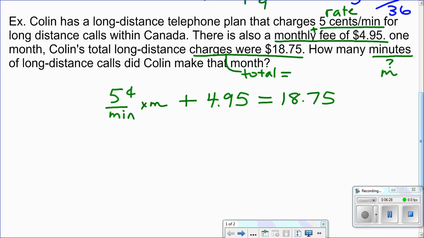So instead of leaving 5 cents as 5 cents, we're going to change 5 cents into a dollar amount. So we're going to go $0.05 times M plus $4.95.